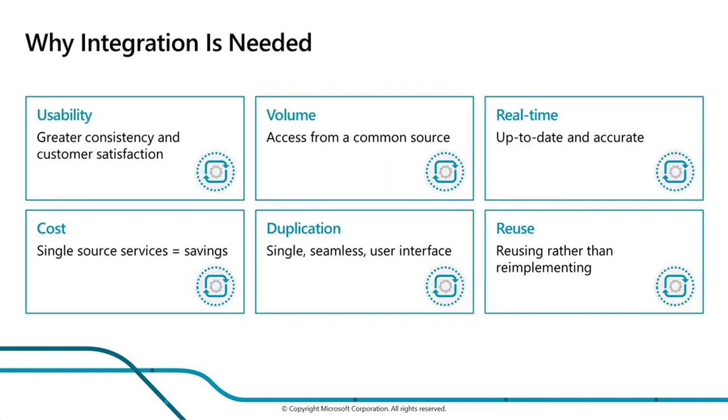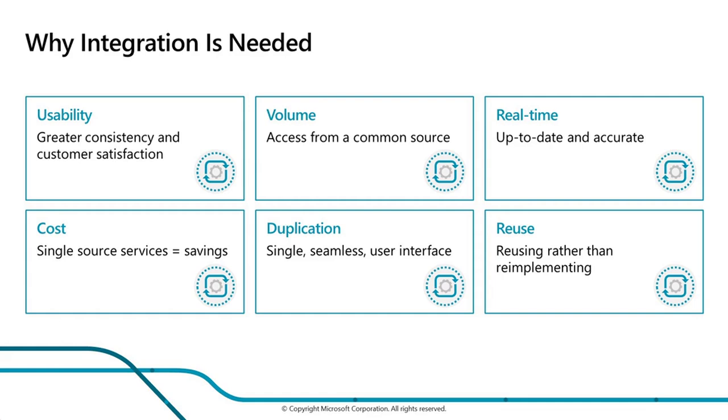So why is integration needed? We have 6 common variables involved in determining the necessity of integration. Each variable defines an inherent problem, which allows for rectification through integration. From a user perspective, a common problem in enterprises is the variety of different systems they need to interact with to perform a job.